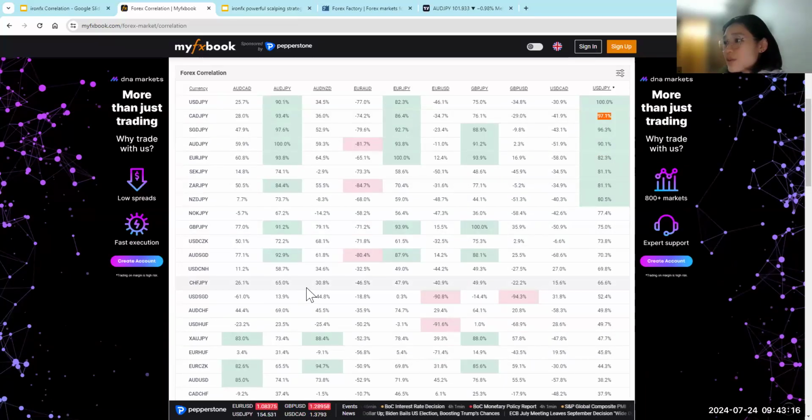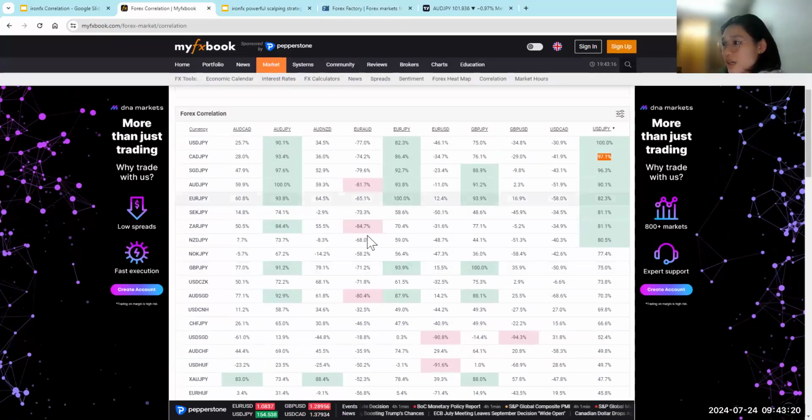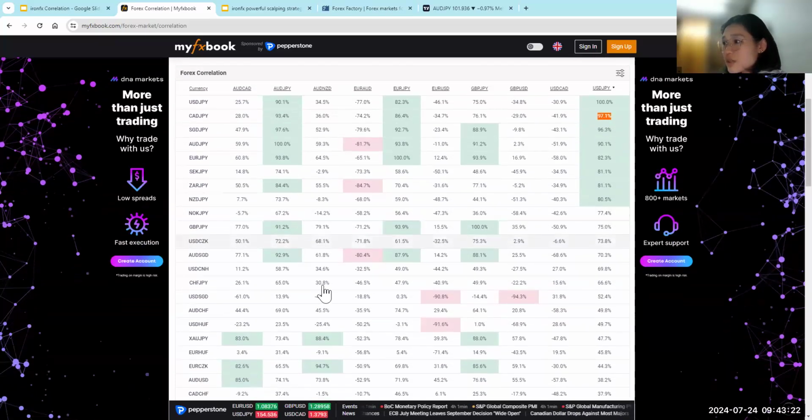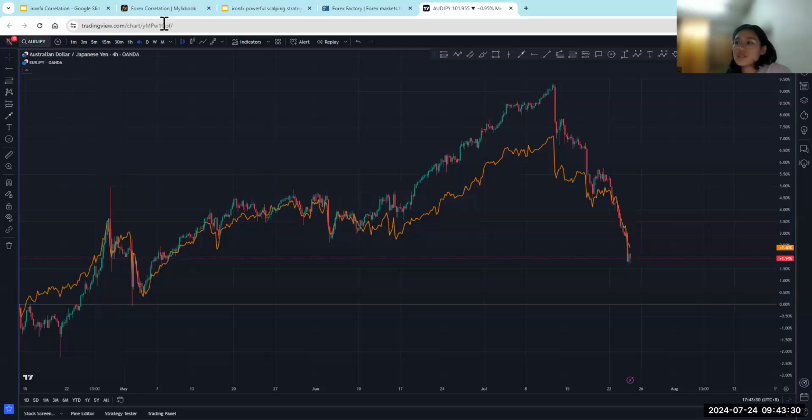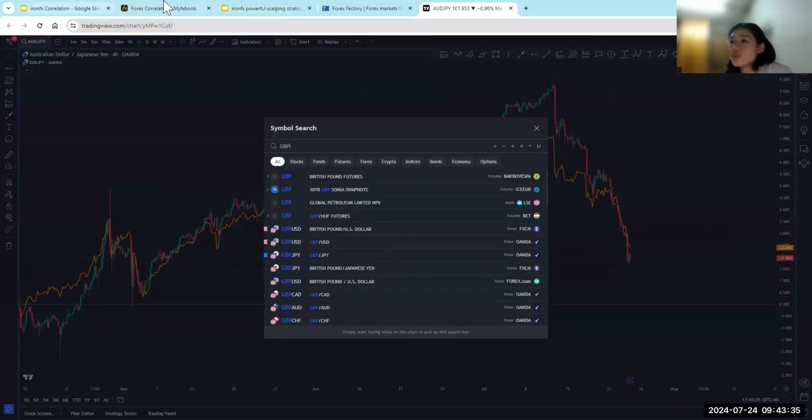Okay, if we look instead at a negative correlation, let's look at pound dollar and dollar Sing. Just to spice things up, we'll look at the Sing dollar as well.